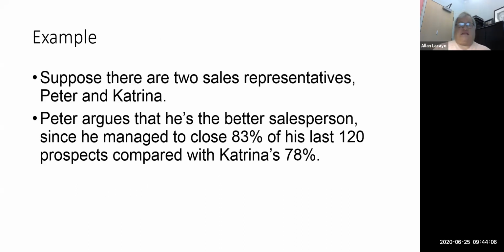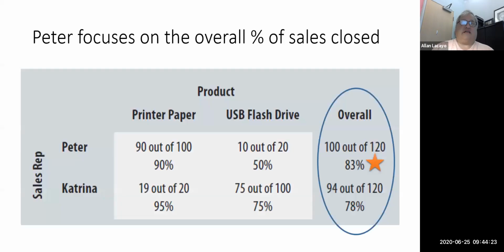The textbook at the end of chapter 2 presents the case of two salespeople, Peter and Katrina. Peter argues that he's a better salesperson because he closes more total sales than Katrina, 83% compared with Katrina's 78%. The textbook introduces this particular table that you currently are looking at below.